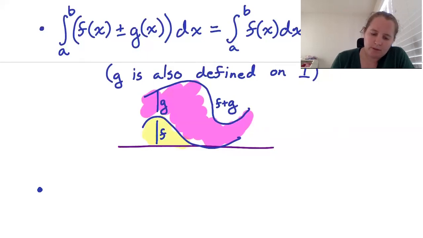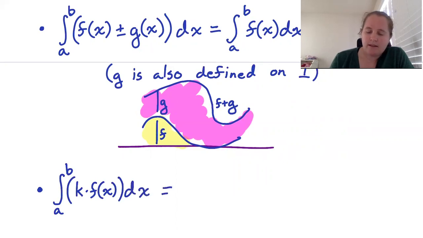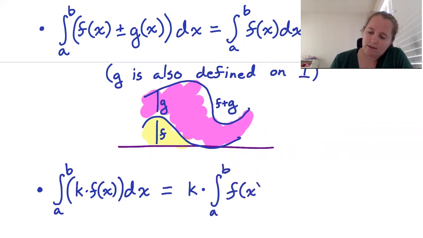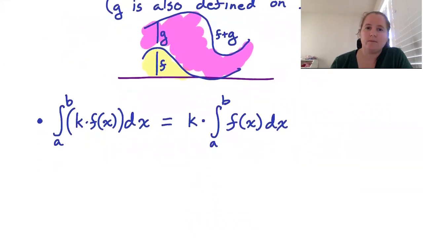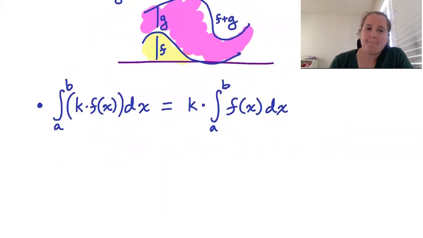And then last up, if we take the definite integral from a to b of k times f of x dx, that k can be pulled out front, and this is k times the definite integral from a to b of f of x dx. So you can kind of think of here, in this first case, k is multiplying the height.